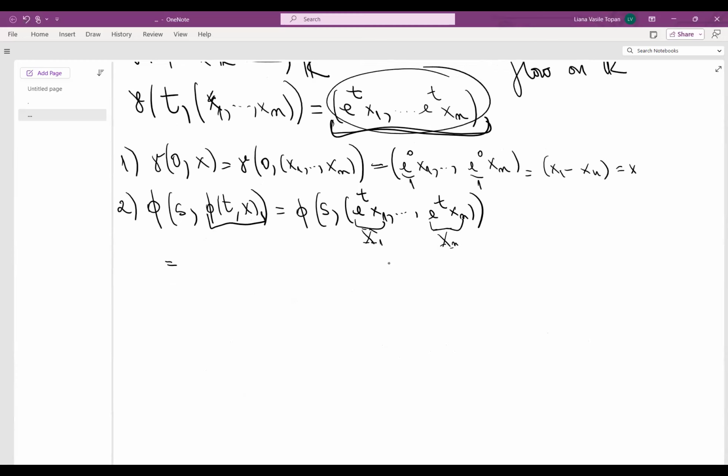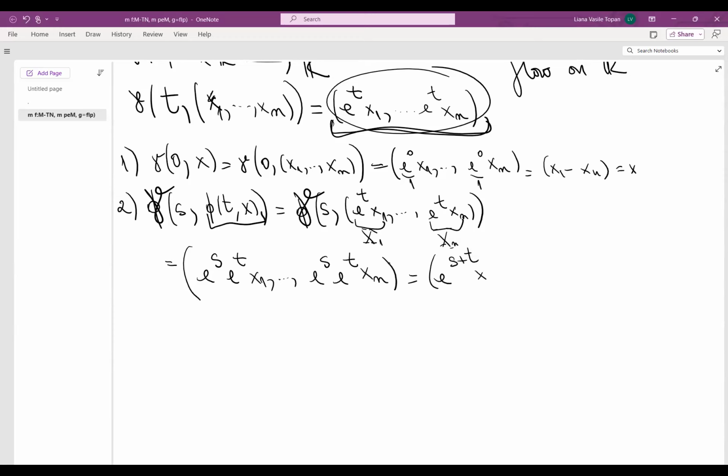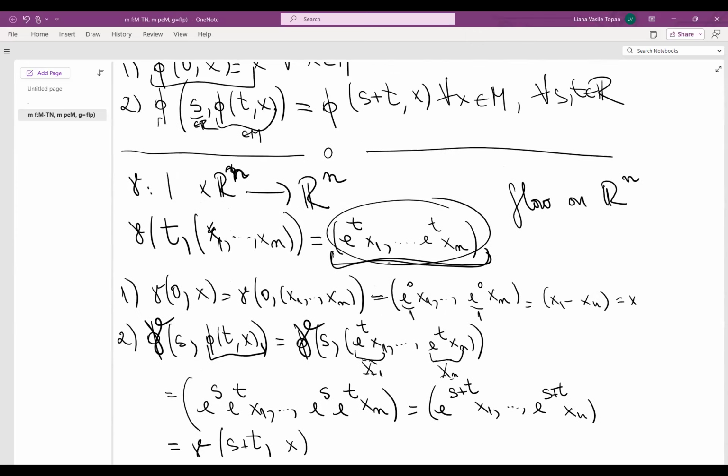So again, I'm replacing in the definition of gamma. It's exponential of s times exponential of tx1, up to exponential of s times exponential of txn. This is exponential of (s plus t) x1 up to exponential of (s plus t) xn, and this is precisely gamma of s plus t and x, which is x. So this is the second part of the second condition there.